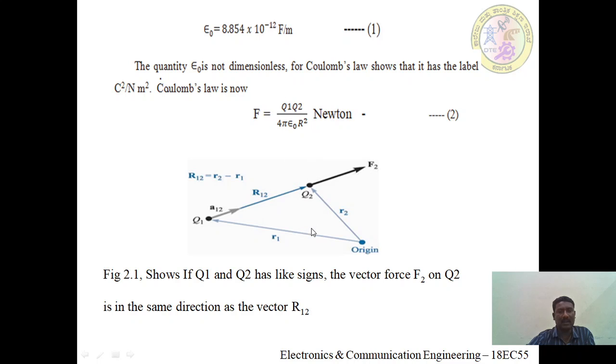If Q1 and Q2 have like signs, the force F2 on Q2 is in the same direction as the vector R12. If both are positive charges, this vector gives the final result of the force.